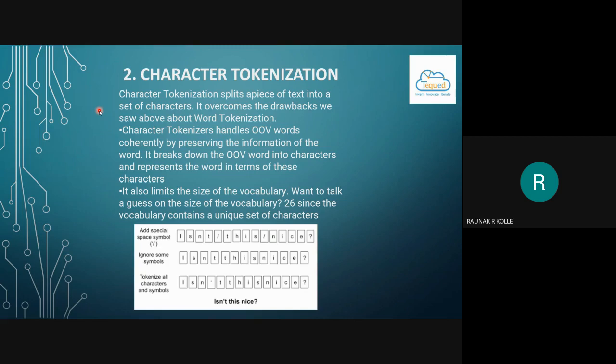It breaks down the out of vocabulary words into characters and represents the word in terms of these characters. It also limits the size of the vocabulary. Want to take a guess on what the size of the vocabulary is? Yes, it's 26 because there are 26 alphabets in the English language.